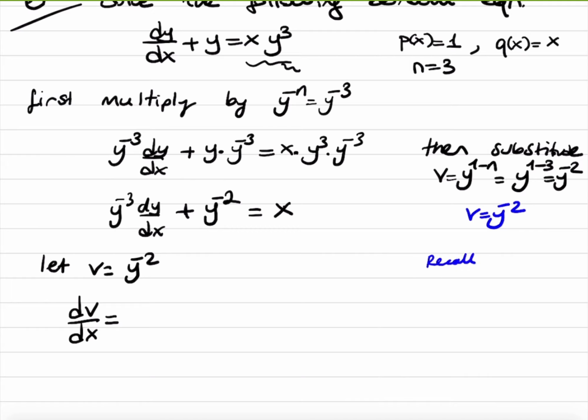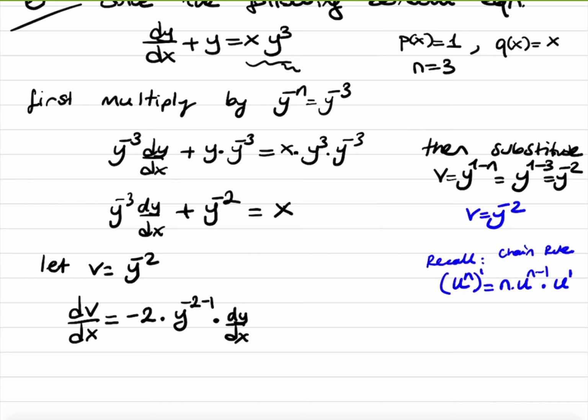Recall that when we have u to the power n, its derivative is n times u to the power n minus 1 times the derivative of the inside, right? So this is the chain rule. In this case the derivative is minus 2 times y to the power minus 2 minus 1 times y prime, which is dy over dx.